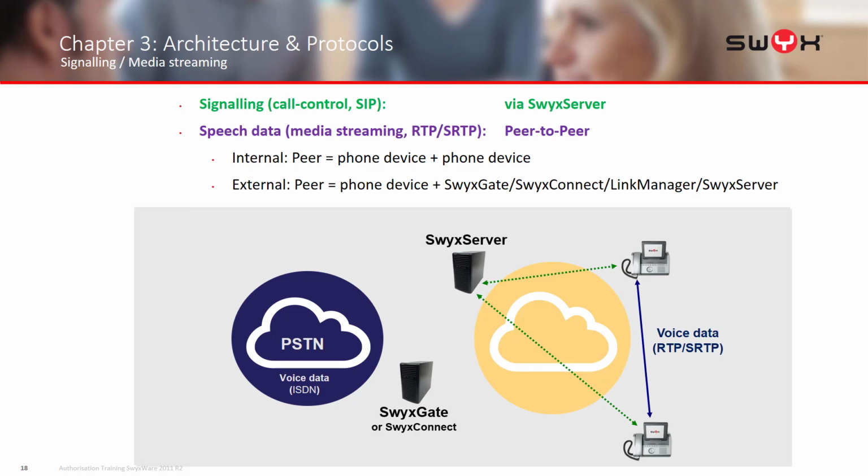There is no single network interface on Swyx that is going to be using more than 84K real throughput, and that's on high definition audio. We're only going to be taking 84K on a single network interface. On internal calls, that's just perfect.